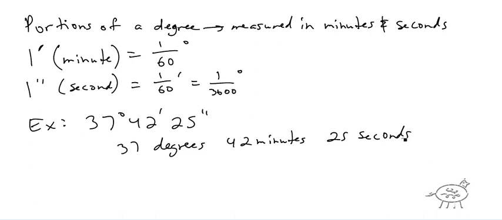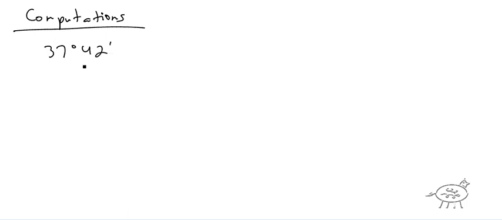All right, let's talk about some computations now. 37 degrees, 42 minutes, plus 27 degrees, 17 minutes.